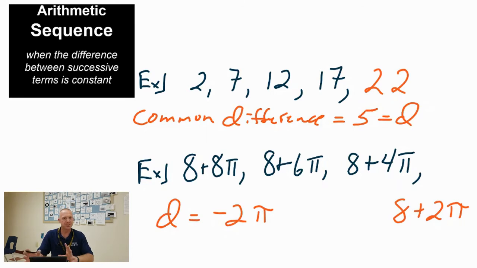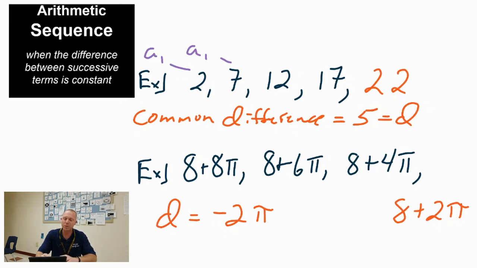Now, so far, this isn't too hard, but let me help you to see that we can start to describe each of these terms using some notation. 2 is our first term here. We're going to call that a sub 1, to denote the first term. 7 is our next term. We'll call that a sub 2. But I'd like you to notice that we can describe it, let me go back, we're not going to call it a sub 2.